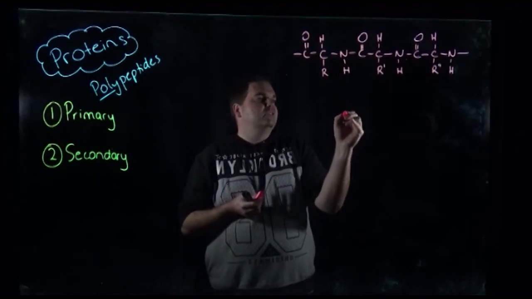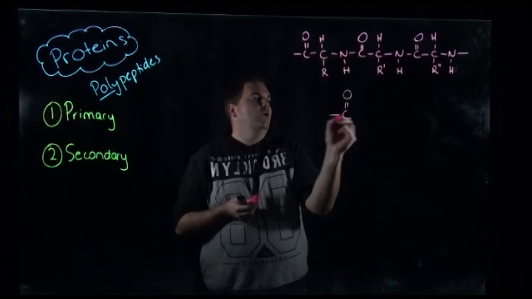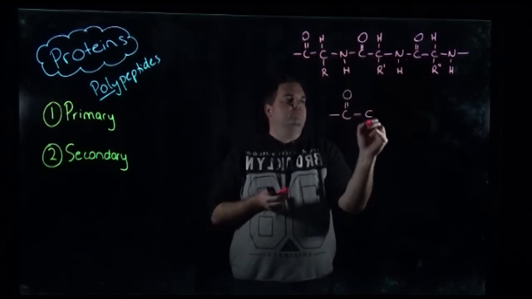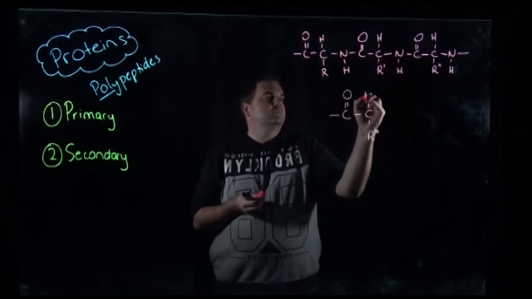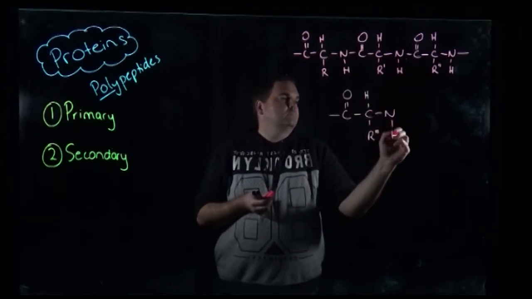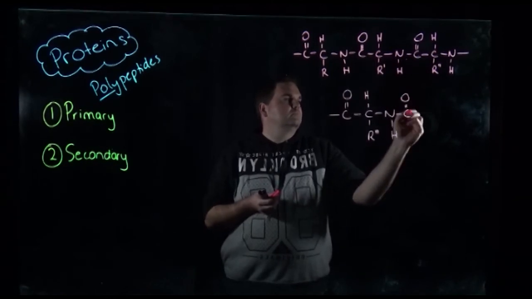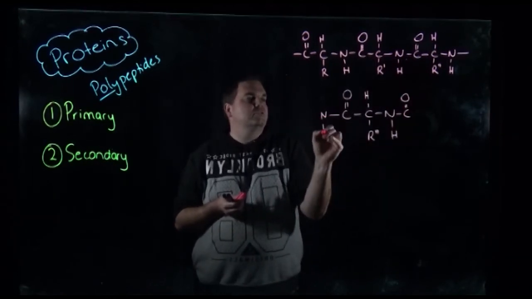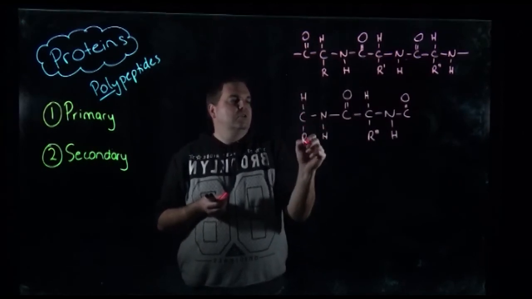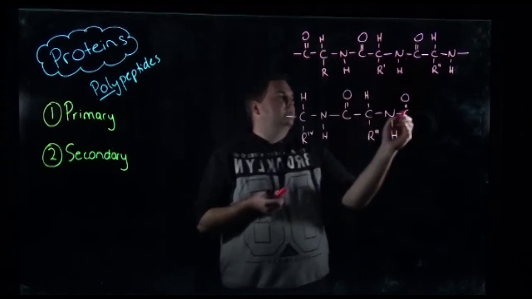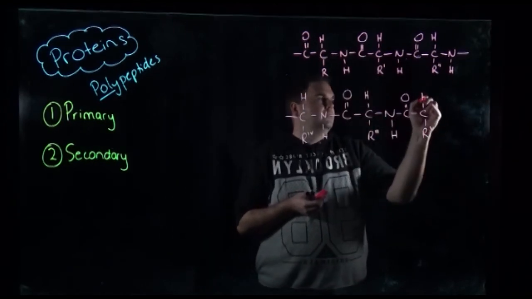I'm going to start right here, and hopefully you'll be able to work out straight away why I've gone there. So that should be nitrogen, hydrogen, carbon, hydrogen, another R group like that, another carbon, another R group.